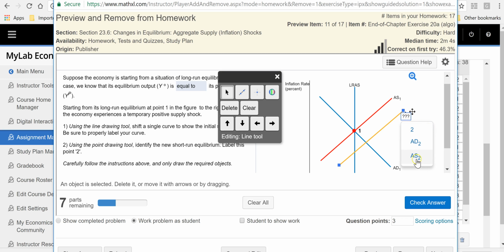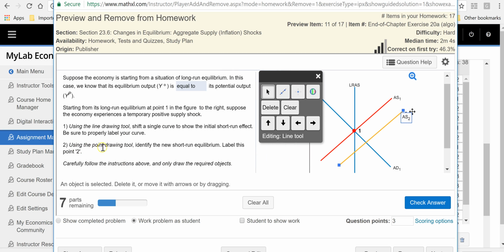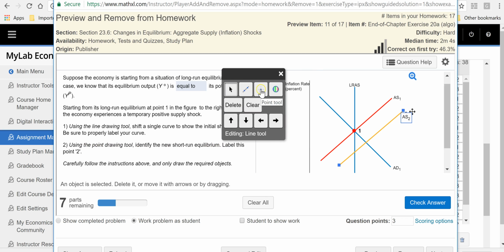So this is the new supply curve, short-run supply curve. That must be AS subscript 2. And 2, using the point drawing tool, identify the new short-run equilibrium. Label this point 2.